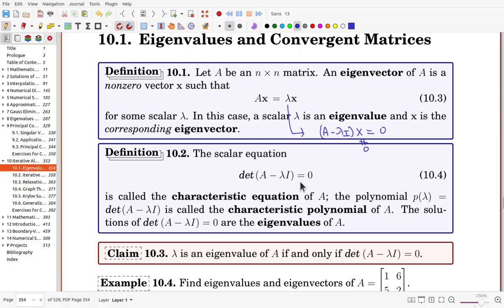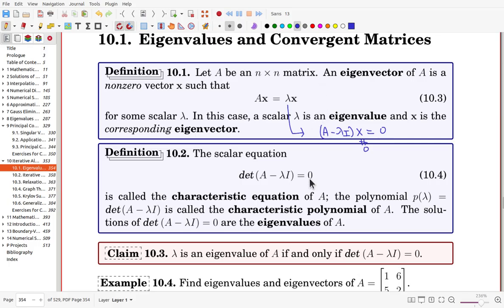That equation is called the characteristic equation of the matrix A, and the left-hand side, P(λ), is the characteristic polynomial of A. The solutions of det(A − λI) = 0 are the eigenvalues of A. Here is a claim: λ is an eigenvalue of A if and only if det(A − λI) = 0.